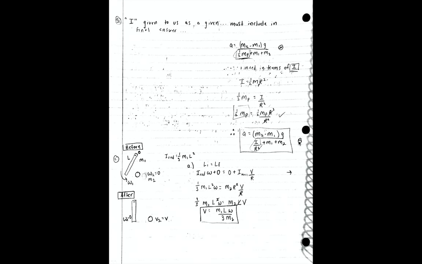So we use the conservation of angular momentum, because there is no net torque acting on the system, so we know that angular momentum will be conserved. So L sub i, we have I of the rod times the initial angular velocity plus 0, because the mass does not have initial velocity or angular velocity.